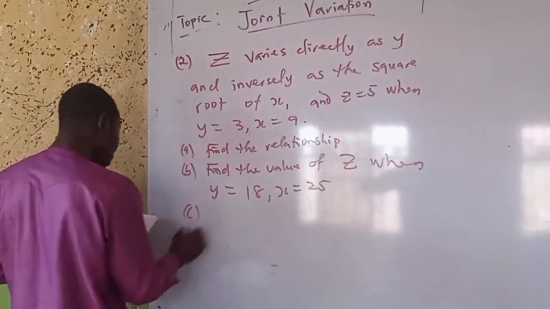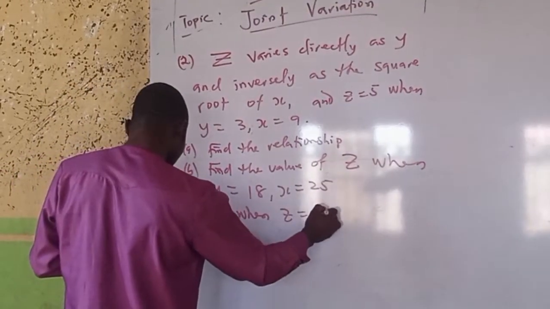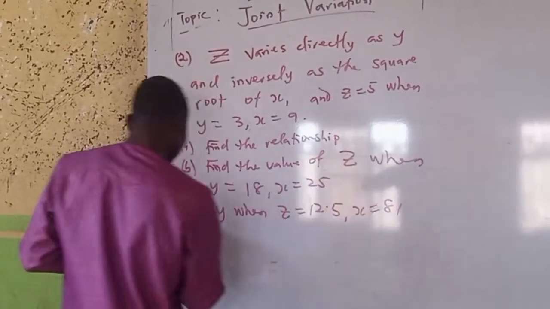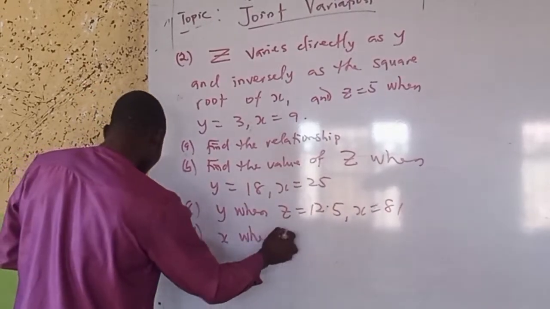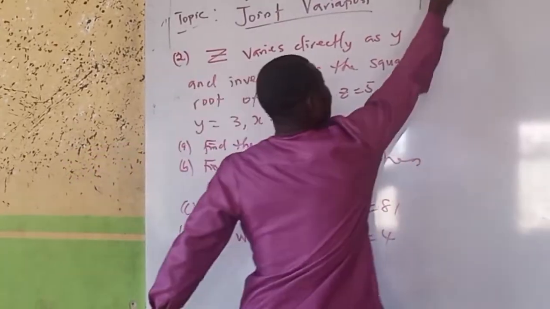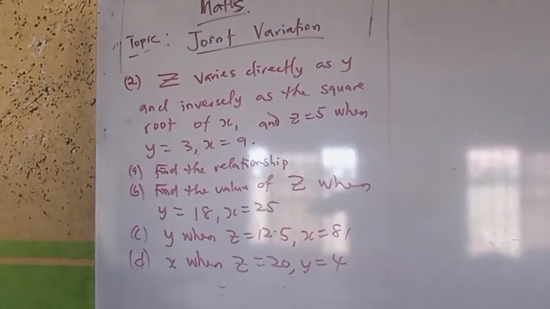The third question says we should find y when z equals 12.5 and x equals 81. And the last question says we should find x when z equals 20 and y equals 4. Now, let's do them one after the other.